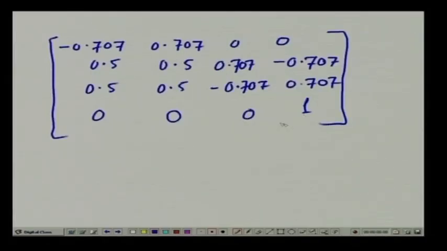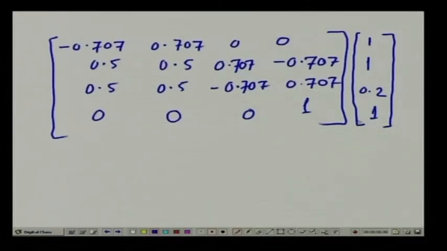So, if I apply this transformation to my original 3D world coordinates, which was 1 1 0.2 then 1, then what I get is the coordinates of the point as observed by the camera. So, if you compute this, you will find that this will come in the form 0, 0.43, 1.55 and then 1, again this is in the unified form.